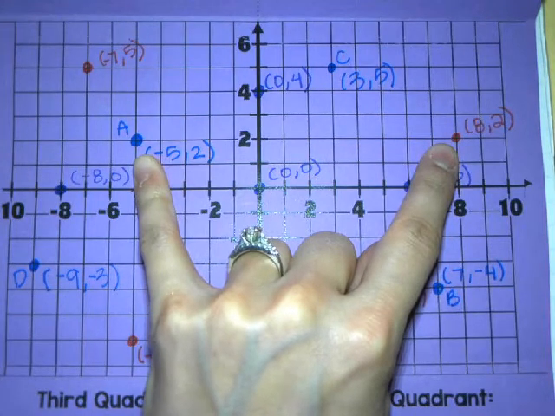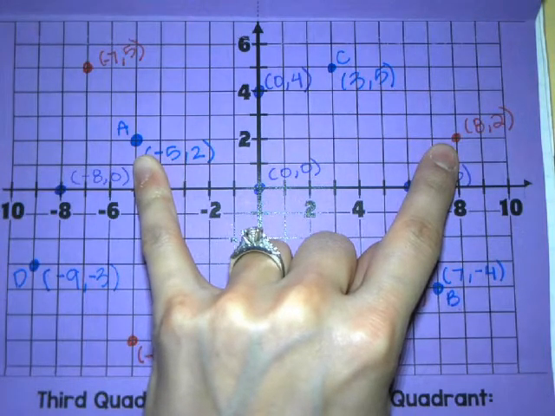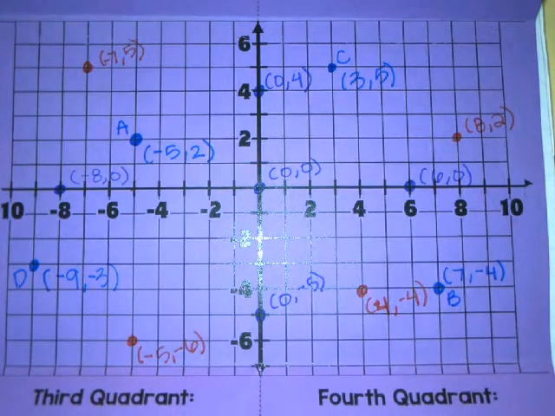How far apart are they? 13 units. Excellent.